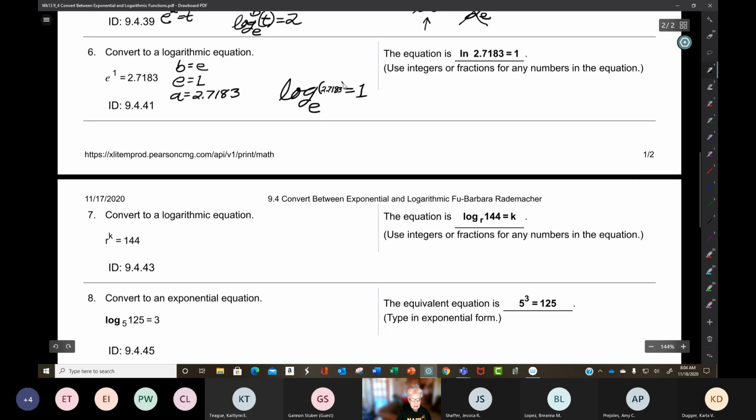Well, except that it's ln, of course, because log base e is ln, the natural log. N stands for natural, L stands for log.